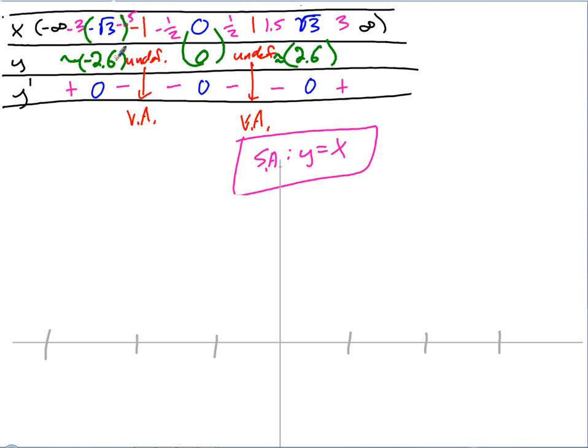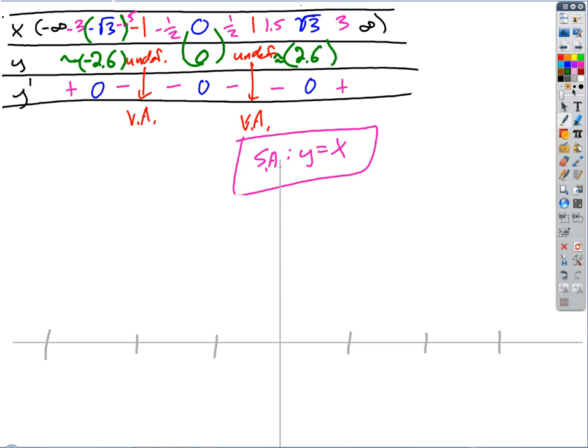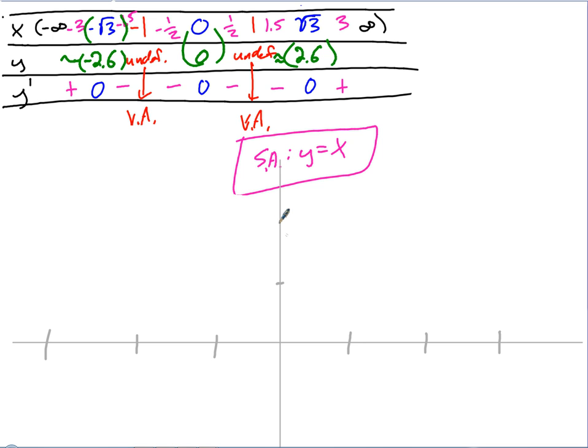Let's see if we can get a little graph of this thing. Where do we start with our graph, do you suppose? On the outer edges, it's going to be concave down. In fact, we went through the hassle of finding all these asymptotes, so let's use them, right? We've got vertical asymptotes at positive and negative 1.